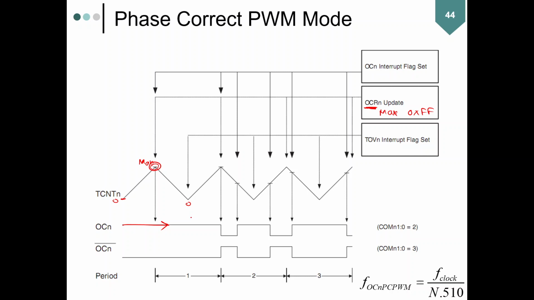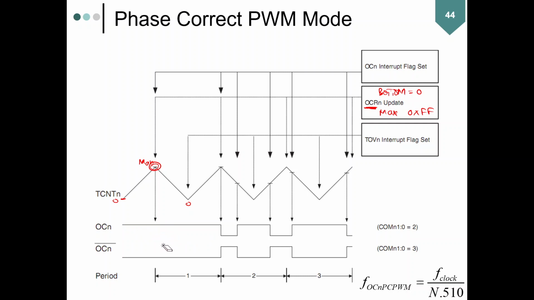For the entire duration of the pulse, your signal is at the high level. And if you set it to bottom, equal to 0, then the output compare pin value is driven continuously low. So first of all, this is the difference.